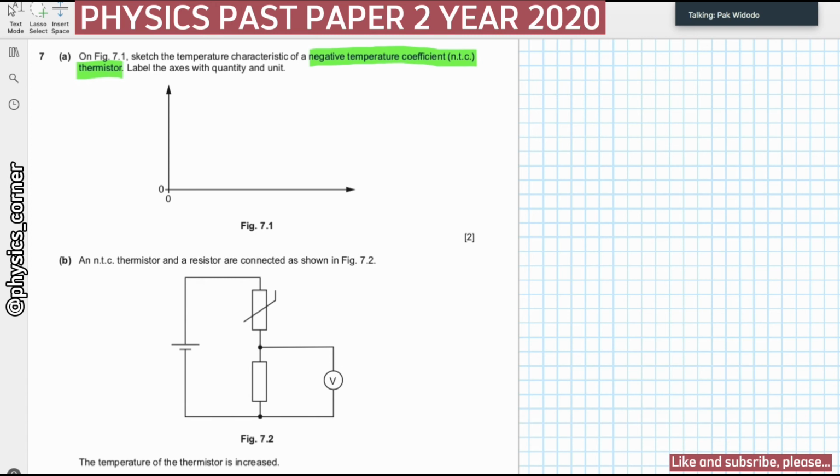The quantity on the X axis is temperature, temperature in Kelvin. And on the Y axis is resistance, resistance in ohms.